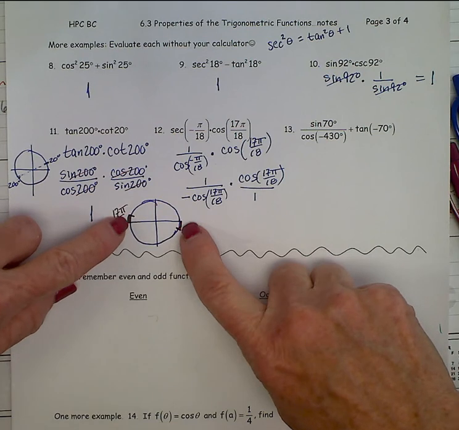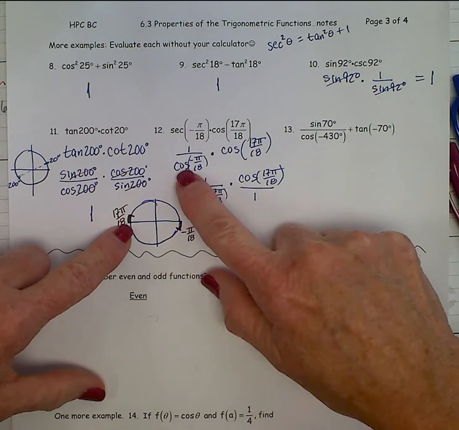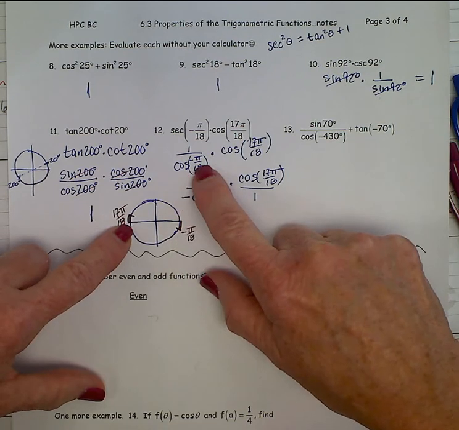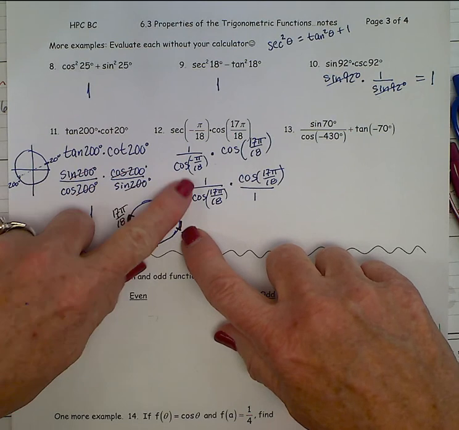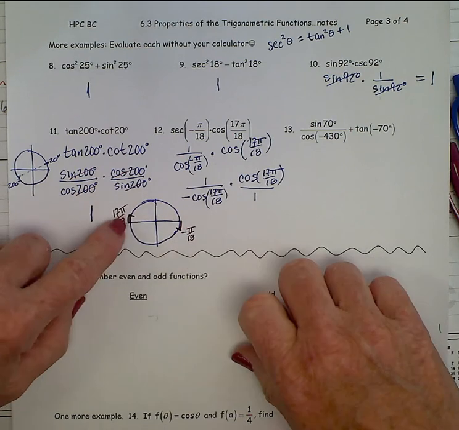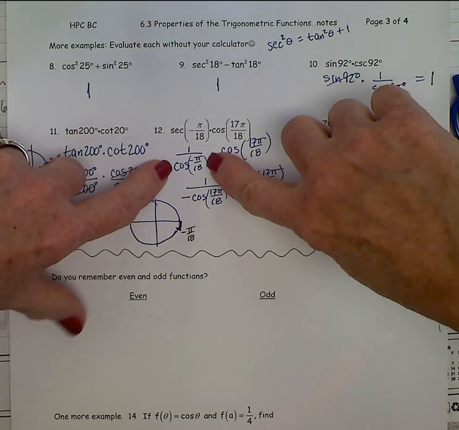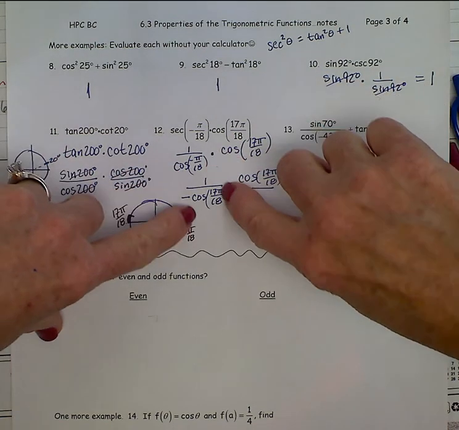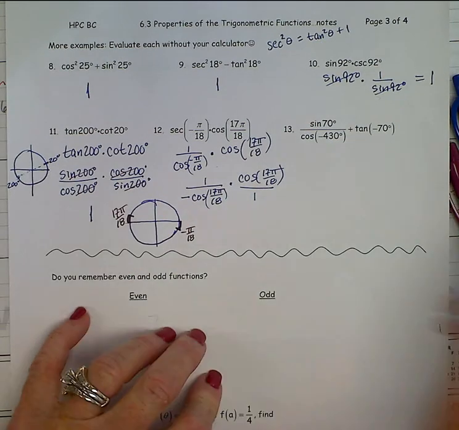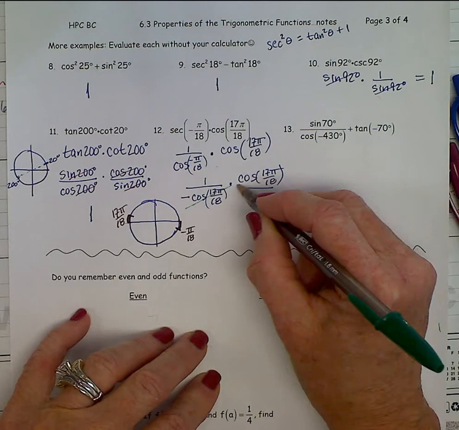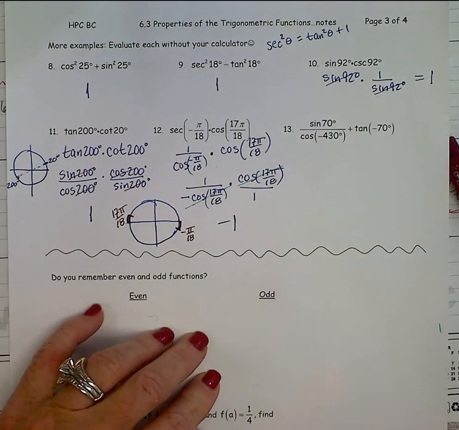These are opposite directions for x coordinates, same size. So I replaced that cosine of negative pi over 18 with the opposite of the cosine of 17 pi over 18. And then we see these cosine pieces cancel out, and we are left with a negative one.